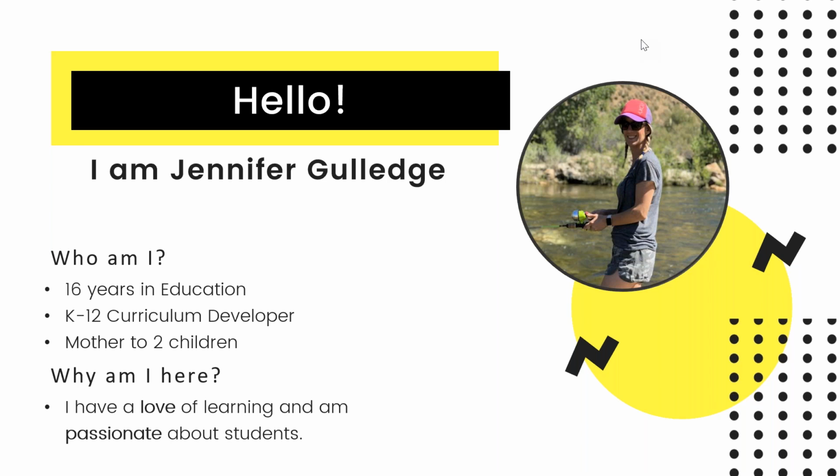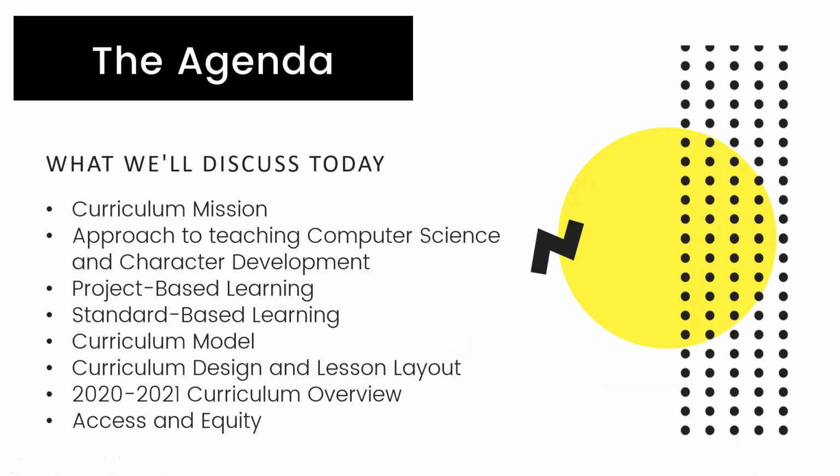So with that being said, I want to hop into our agenda for this discussion that we're going to have today. I'm going to go into a deep dive of our curriculum and what it looks like. But first, I really want to talk about our curriculum mission, our approach, how we have designed our computer science and curriculum character development. I'm going to talk about project-based learning, standard-based learning.